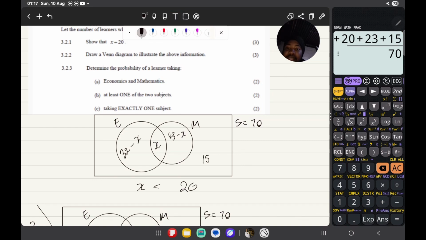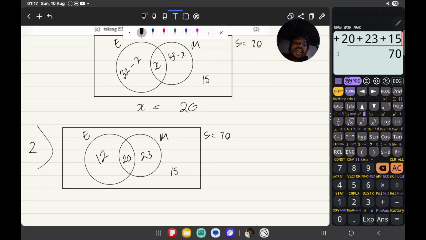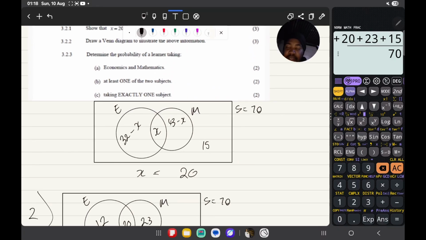Determine the probability of a learner taking economics and mathematics. They gave us the answer on the first statement when they told us the information. That is 20, so for the first one you're going to have 20 over 70. That's going to be your probability. For the second one, they say at least one of the 2 subjects.